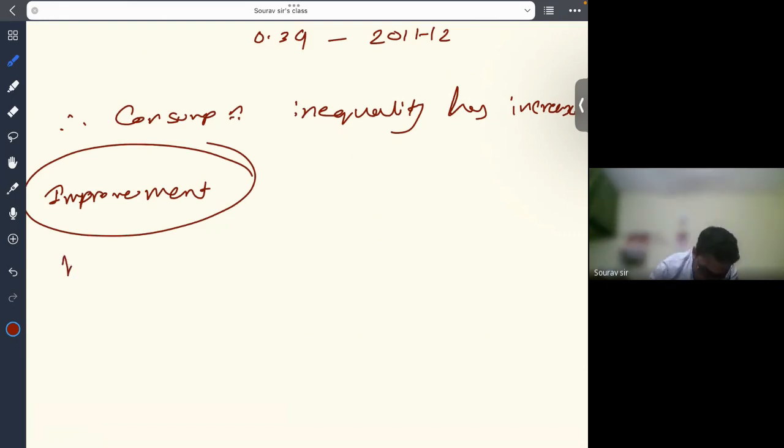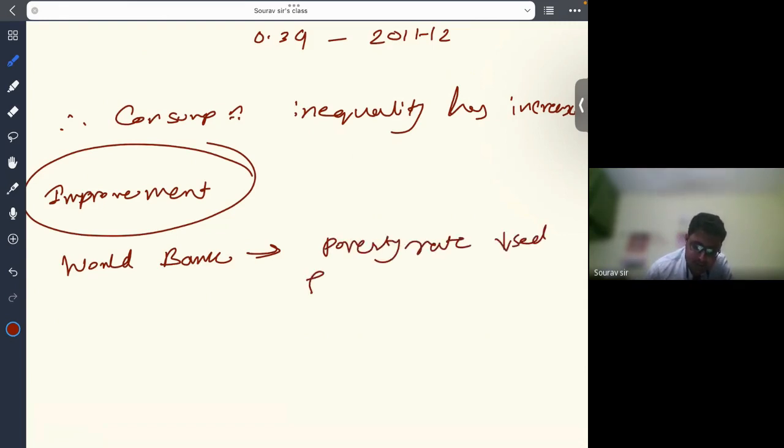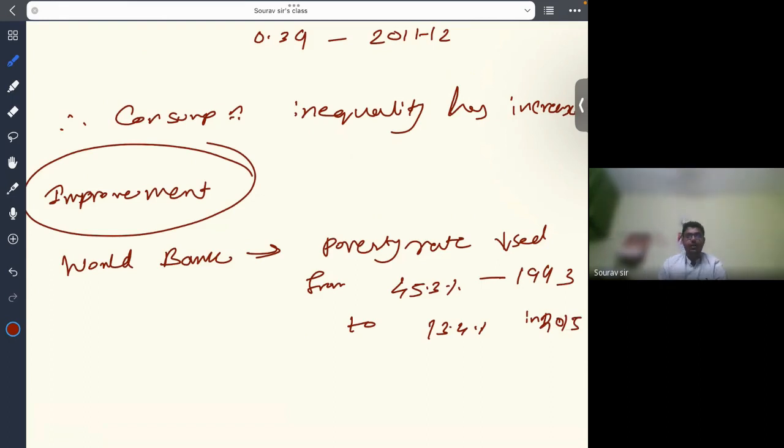As per the World Bank data, the poverty rate decreased from 45.3% in 1993 to 13.4% in 2015. So it is a significant improvement.